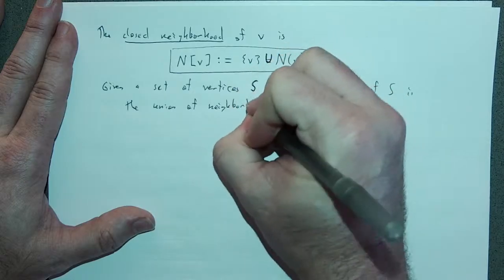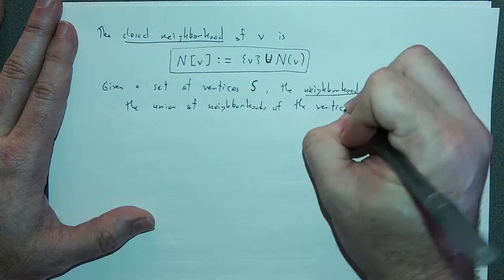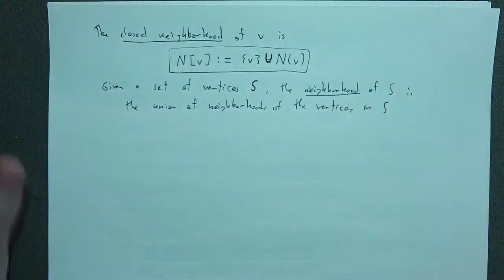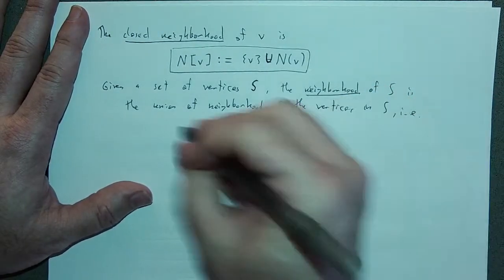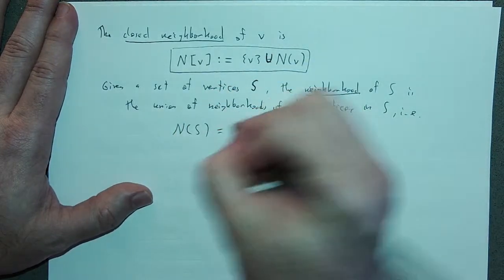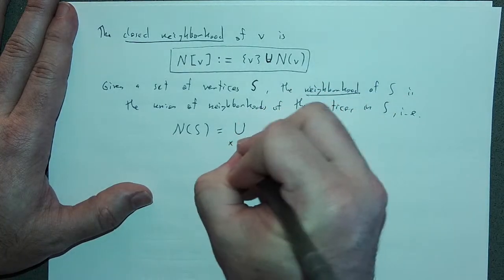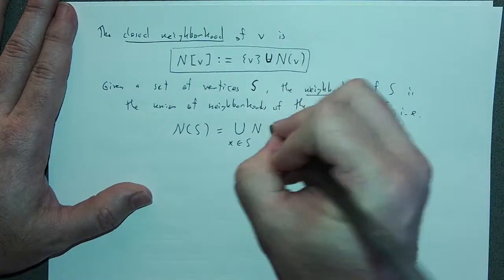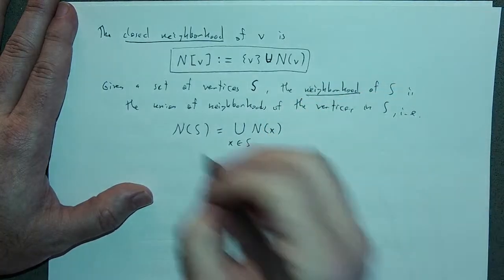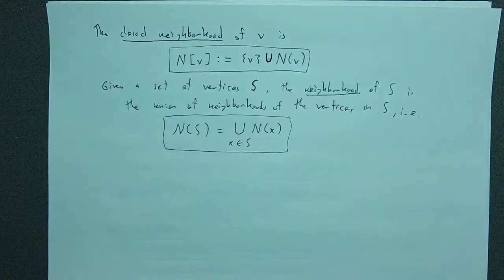These are the open neighborhoods of the vertices in S. So if you wanted to actually write that, the neighborhood of S is going to be the union over all vertices X in S of the open neighborhoods.